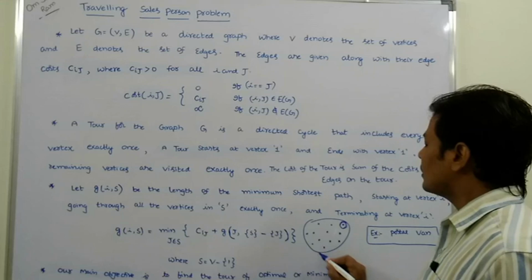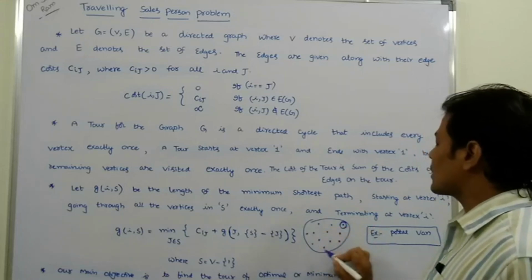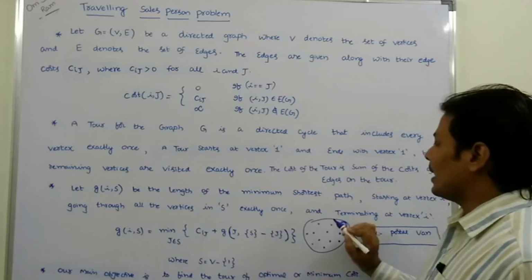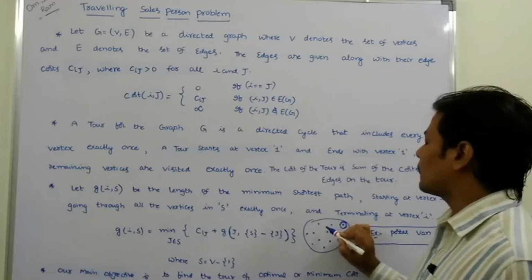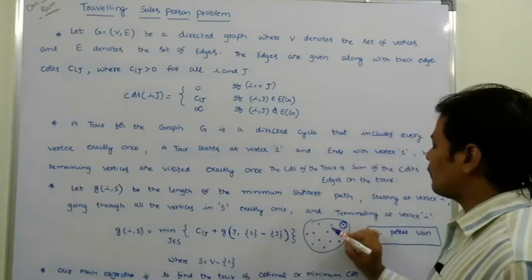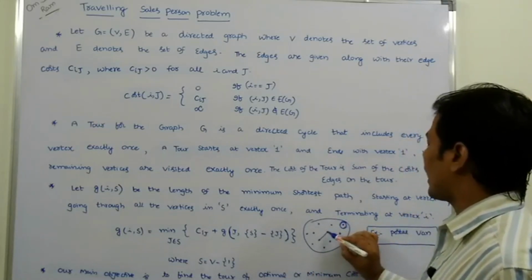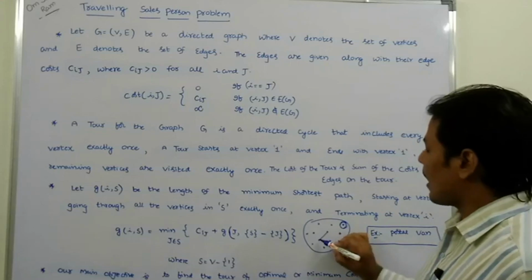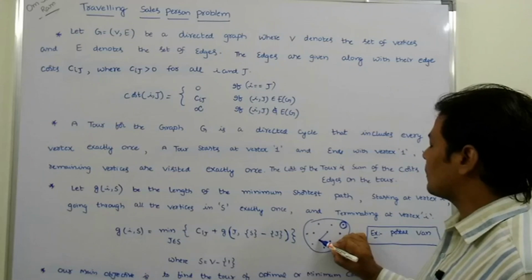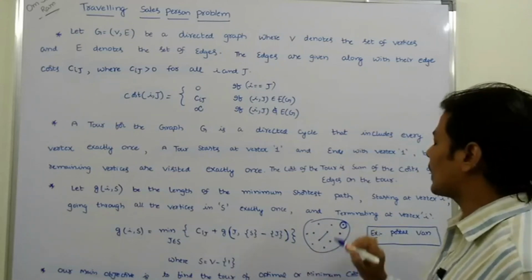This situation can be represented as a graph. The nodes of the graph represent post offices. Suppose this is one edge. The edge contains two vertices. This vertex represents one post office at one location.